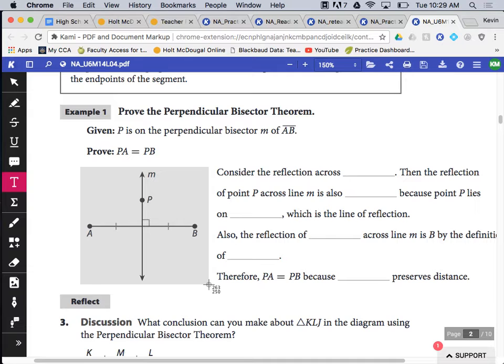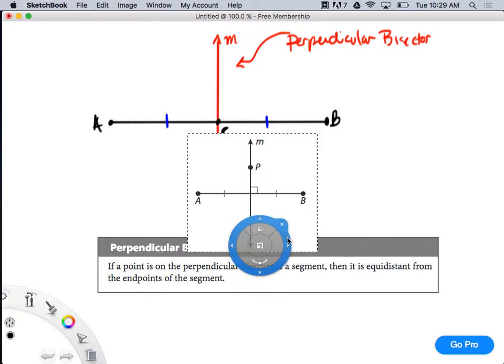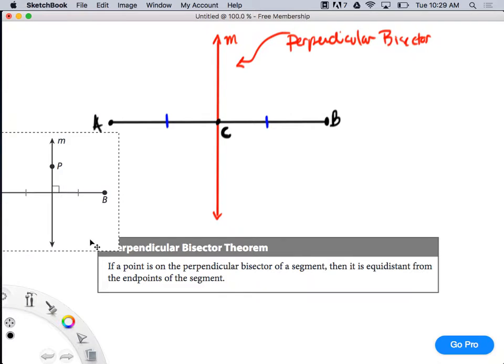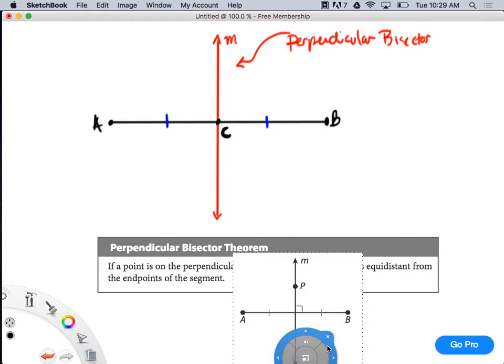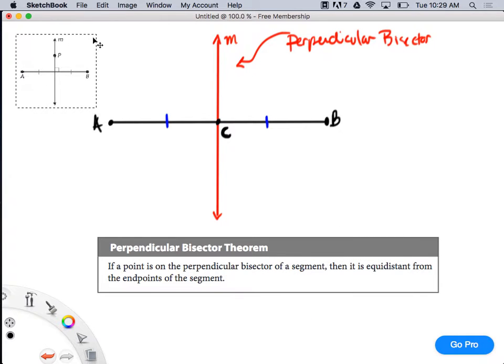And in fact, you have a picture right there. That is basically what I'm constructing for you guys. So I'm just going to put this in the corner so you can refer to it.